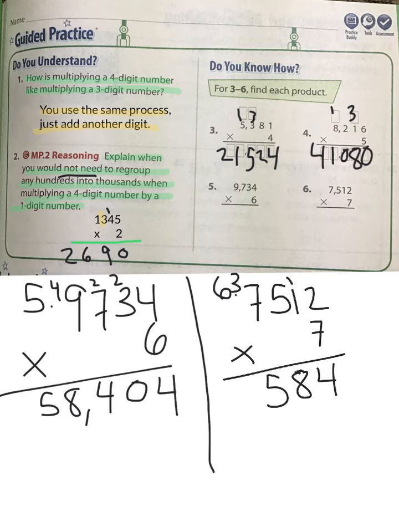And last, you're going to multiply 7 times 7, which is 49, plus 3 more is 52. So 52,584.